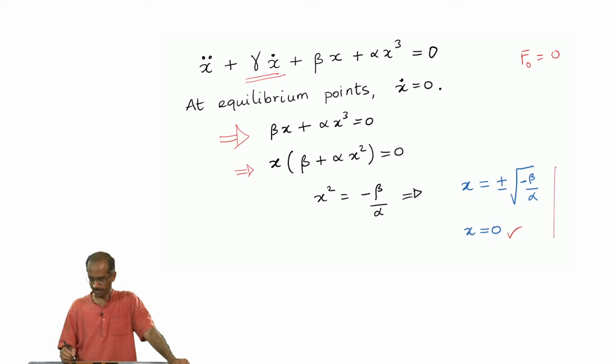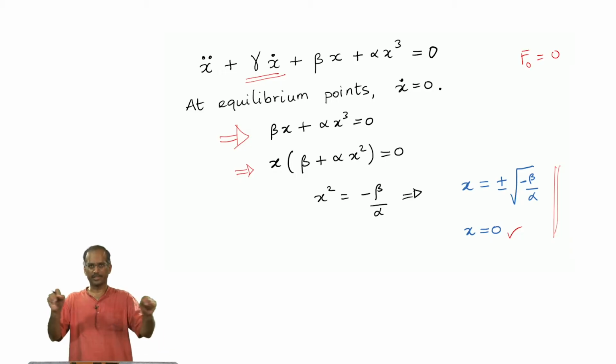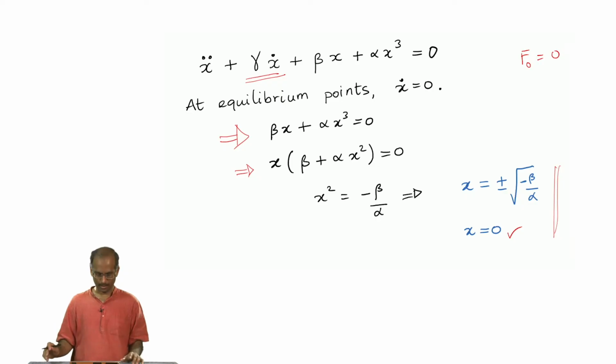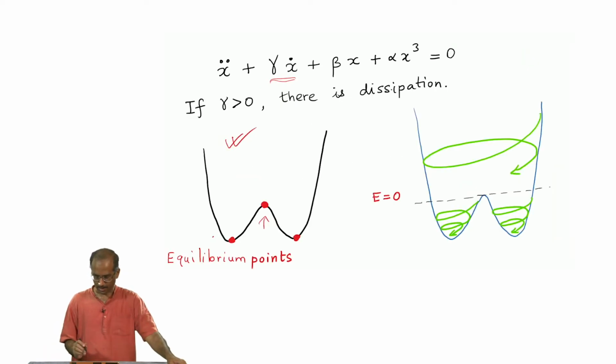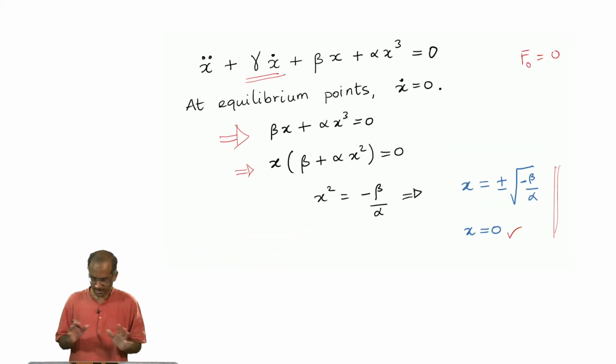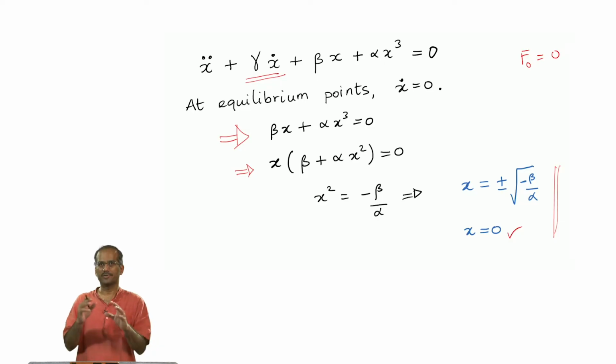So, there are 3 possible roots, and especially for the case when beta is negative, you will actually get 3 possible real roots, and those 3 real roots are exactly these 3 positions which are marked in red dots here. So, clearly the equilibrium points are known, and physically it corresponds to saying that that is where the particle would ultimately end up if you give dissipation, but no external forcing.